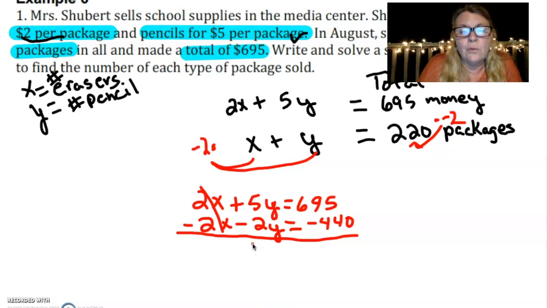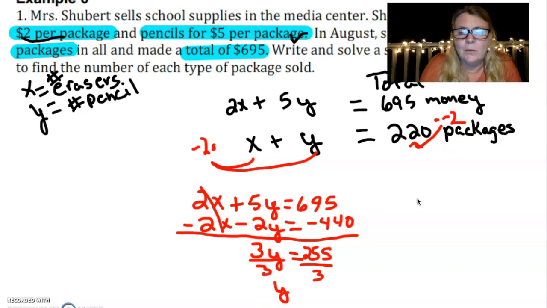So we would have 3y is equal to, what do we get when we subtract here? 255? It's 255, yeah. Okay, then we need to divide both sides by 3.